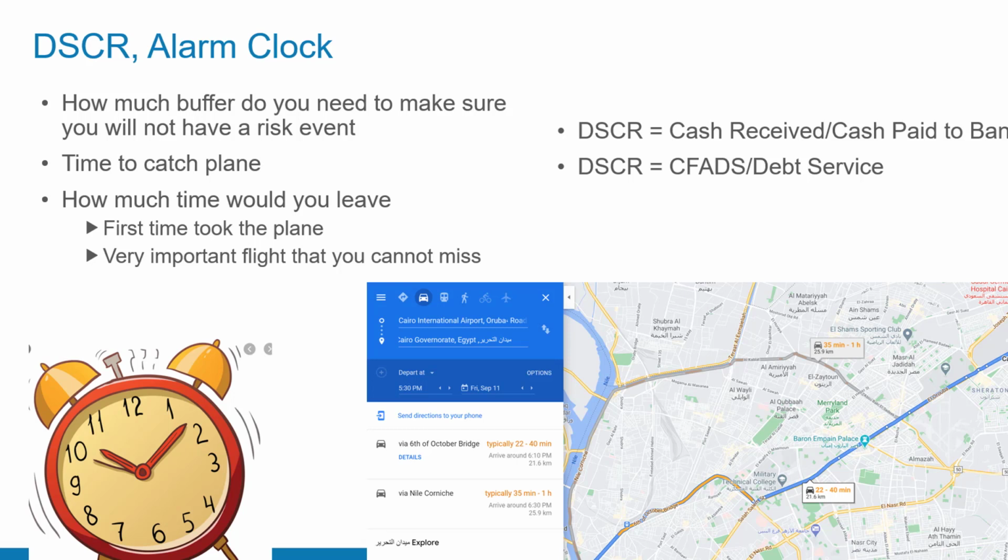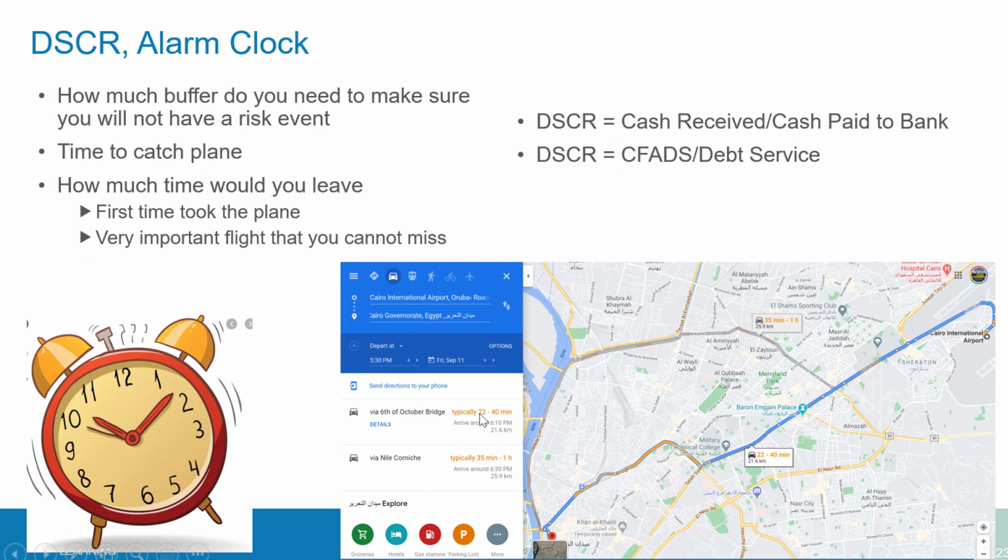When I talk about the DSCR, I talk about an alarm clock, or in this case, I compare going to the airport. If you have to catch a plane, I asked them, and you had to go from Tahrir Square to the airport, and it's 5 o'clock at night. It says up here on Google Maps that it's only going to be typically 22 to 40 minutes.